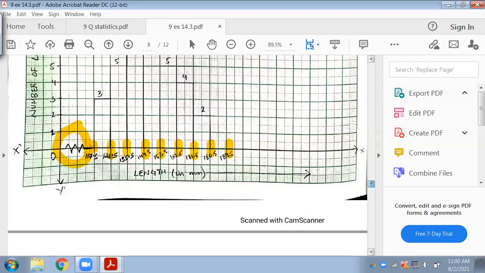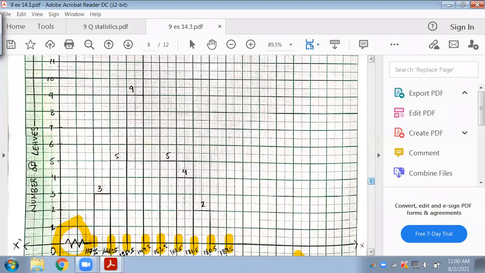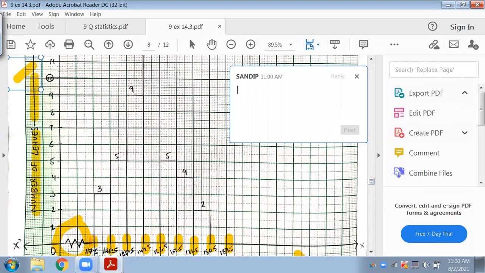On the x-axis, we have taken the first column, that is length in millimeter. Write that and put an arrow. And on the y-axis, we have taken number of leaves. Write it, and again put an arrow.